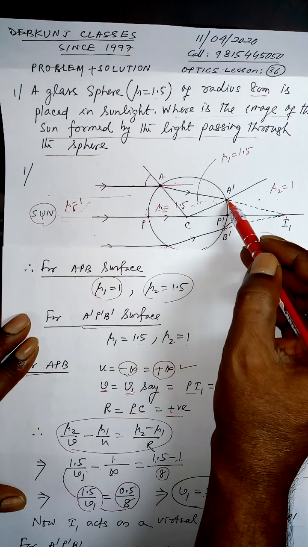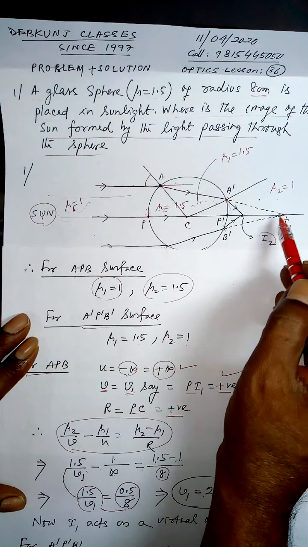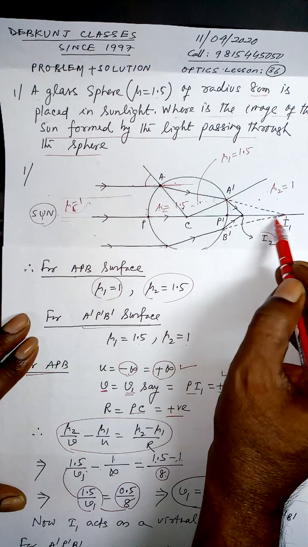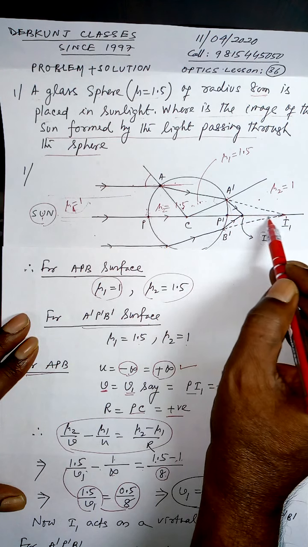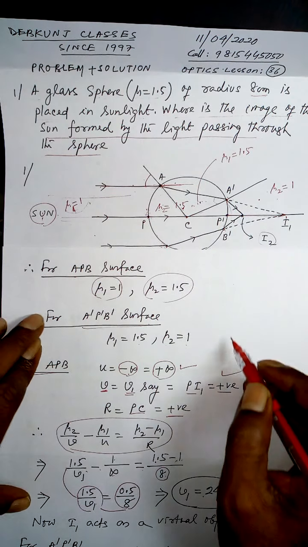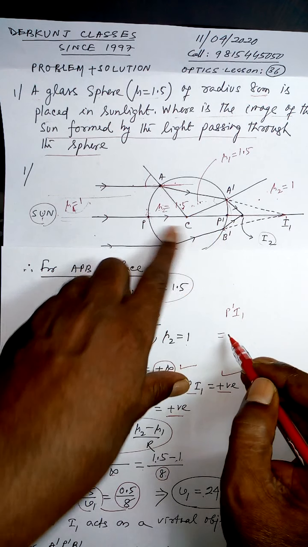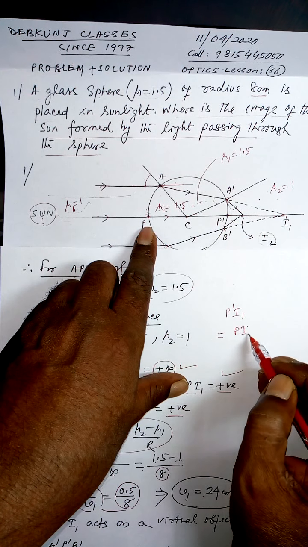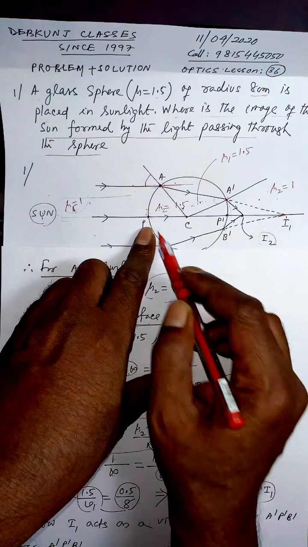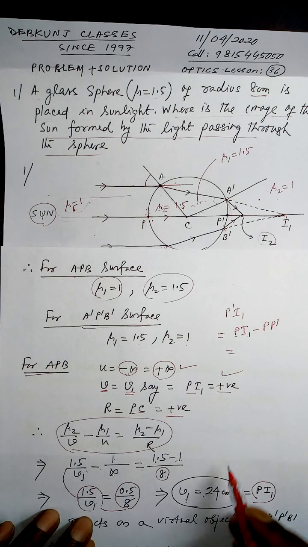Now to consider the refraction at A dash P dash B dash, this is the virtual object. So the object distance is P dash I1. This P dash I1 will be equal to PI1 minus PP dash. PI1 that we just calculated is 24.